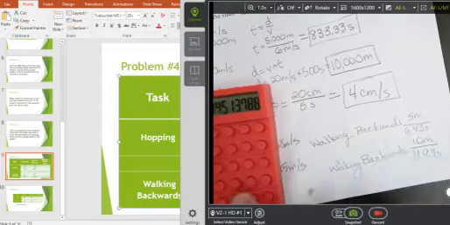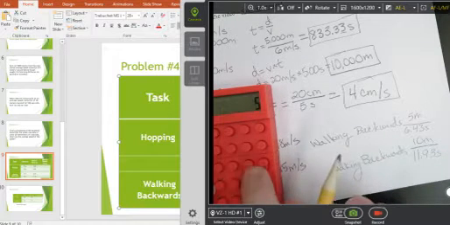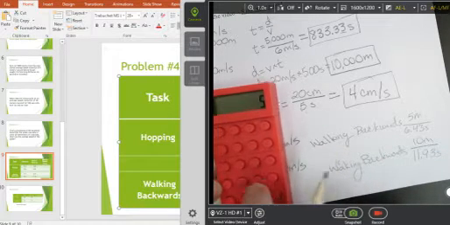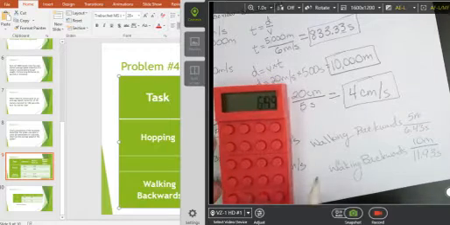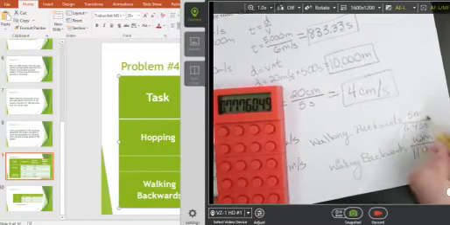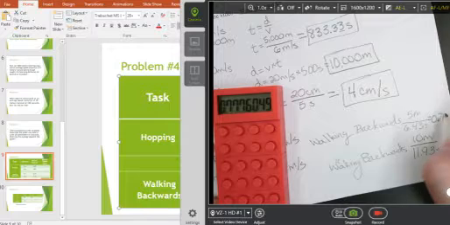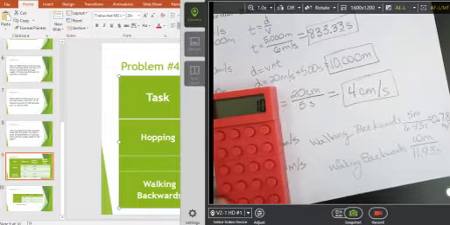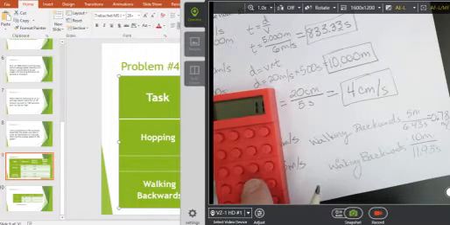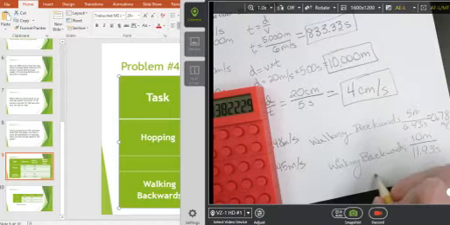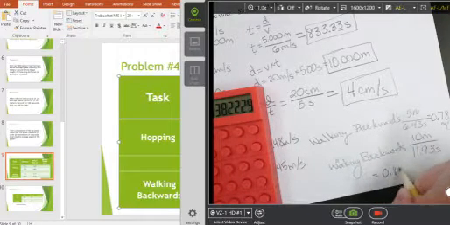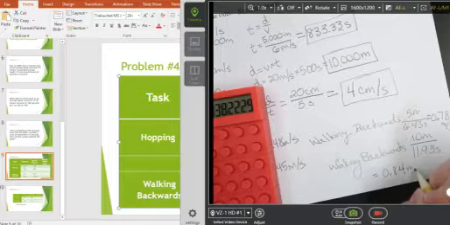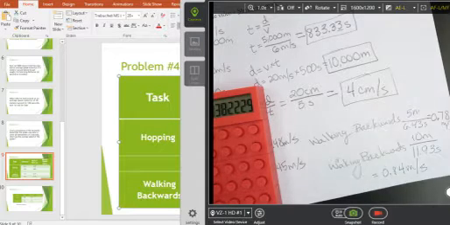And then we've got 5 divided by 6.43, which equals 0.77, which actually gets rounded to 0.78 meters per second. And then last but not least, 10 divided by 11.93, which equals 0.84 meters per second, if I did that correctly.